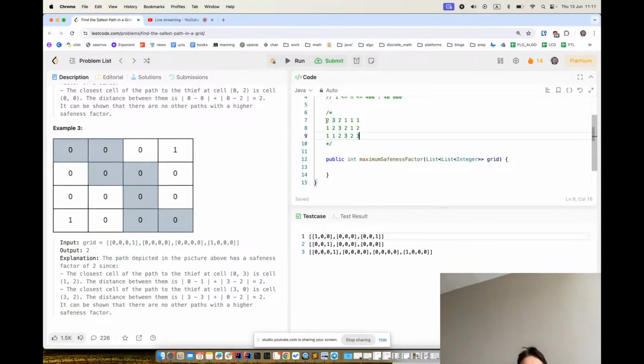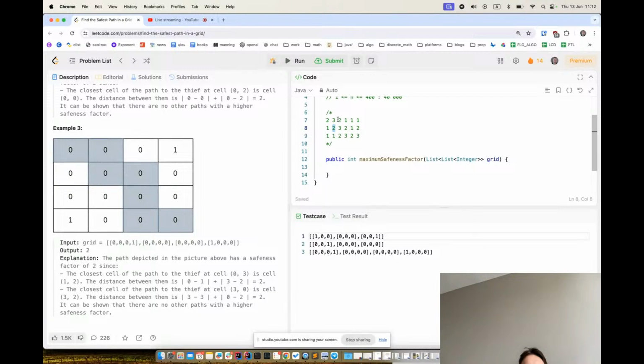So what I can do here is, when I calculate this grid, then I try to go to the maximum element of my path. So here I check all my adjacents and go to the maximum. Here I have 2 and 2.